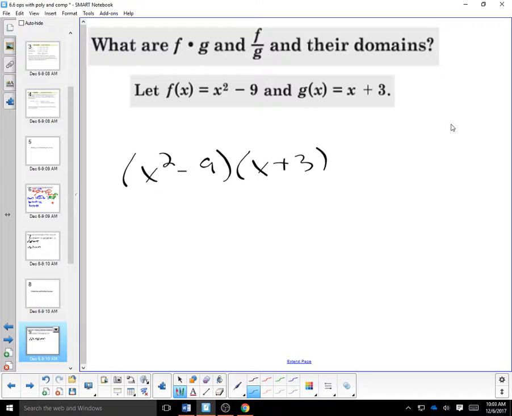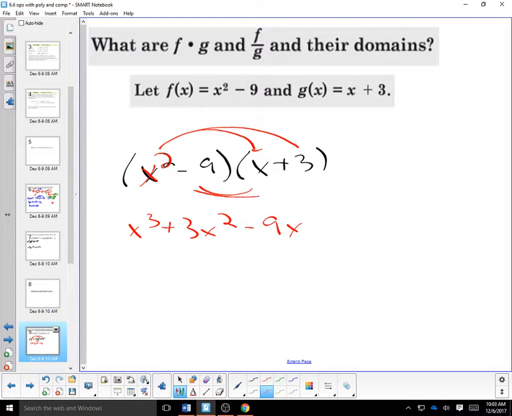How do I do that? Just FOIL that. So, start with x squared. That's going to give me x to the third. This will give me a positive 3x squared. This will give me a minus 9x. This will give me negative 27. Is there anything else to do? No, we're done because they're not like terms.